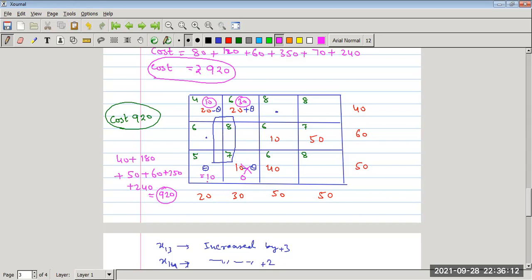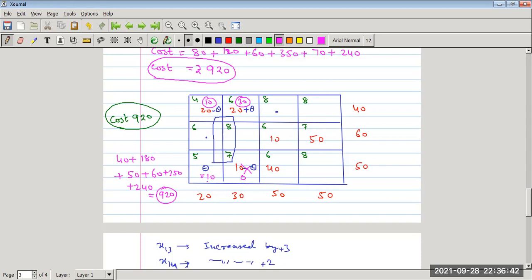If we get a negative value, it means the cost is decreased, so we prefer the negative value. If we have -1 and -2, we prefer the non-allocated position with -2. Why? Because the cost reduces by 2 rupees per item. So if we send the maximum number of items at this point, the cost is reduced by the number of items theta into 2. So the cost is reduced by 2 theta, right?